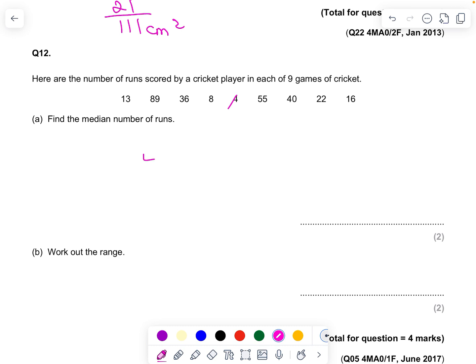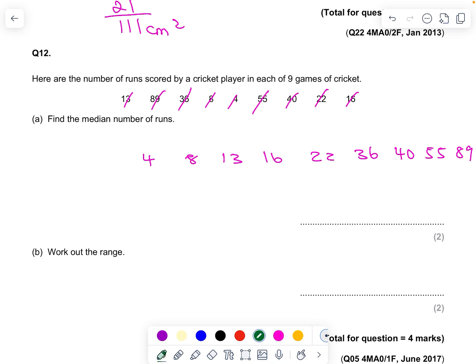So let's have 4, 8, 13, 16, 22, oh, so I've missed out 36, sorry, 36, then it's 40, then 55, and last of all 89, okay?